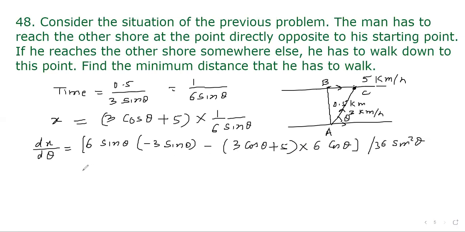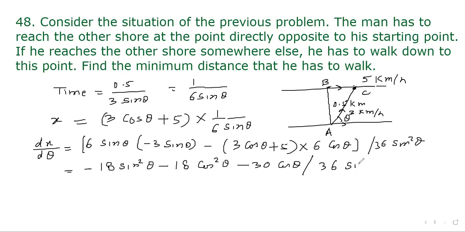Now we open the bracket. This will become minus 18 sin square theta minus 18 cos square theta minus 30 cos theta, divided by 36 sin square theta.